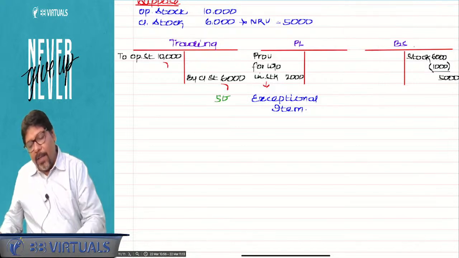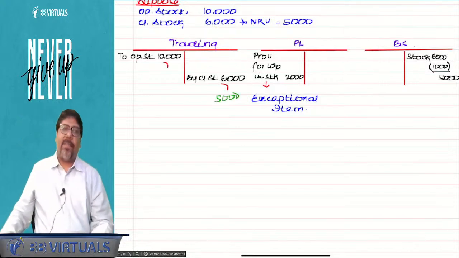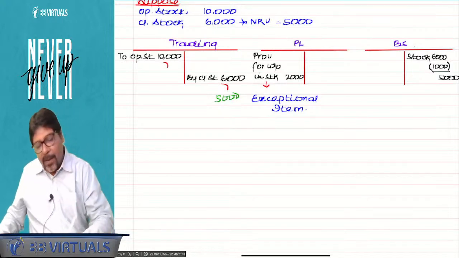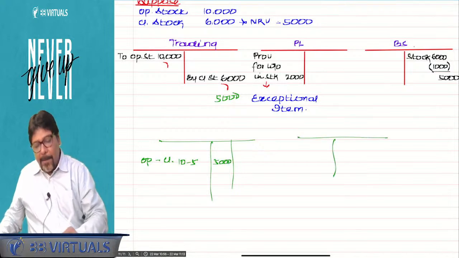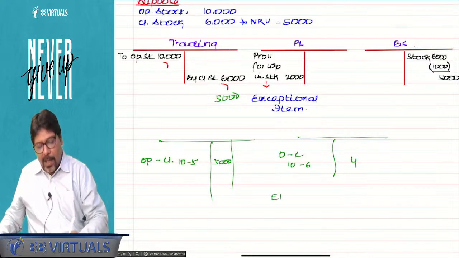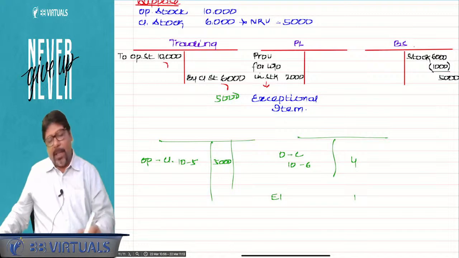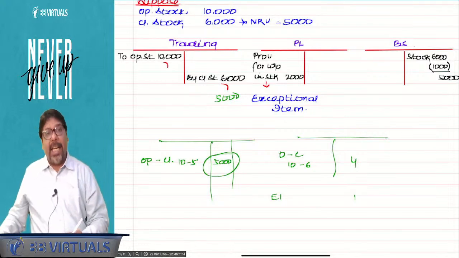So there are two ways you can write. Opening minus closing, 10 minus 5, 5. Or opening minus closing, 10 minus 6, 4, and exceptional item 1. Now tell me which is correct: entire 5, or 4 and 1?